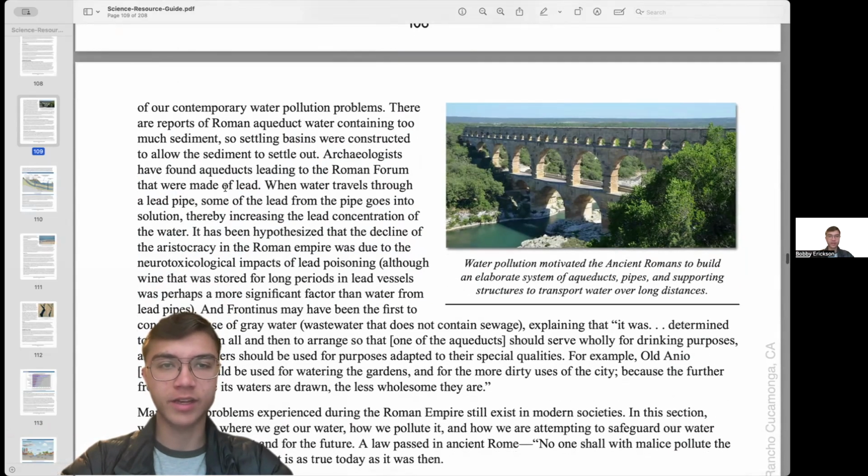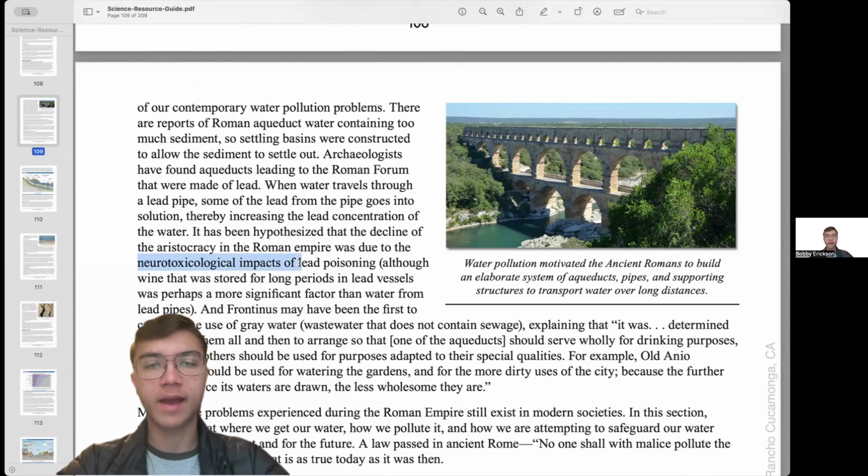There's a hypothesis that says the Roman Empire had a decline. The aristocracy, the highest social class, seemed to decline in Rome because of the impacts that lead poisoning caused inside of the brain.